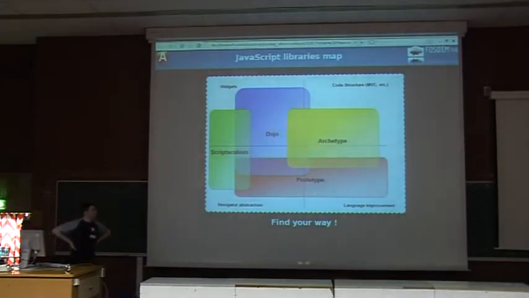It improves the navigator abstraction, and that's almost everything it does. But it's quite perfect. Scriptaculous is another well-known framework which helps you do your own widgets, doing something sympathetic on your web page.